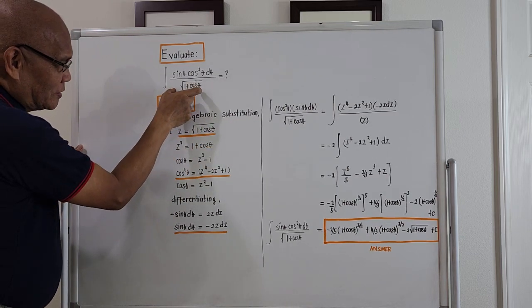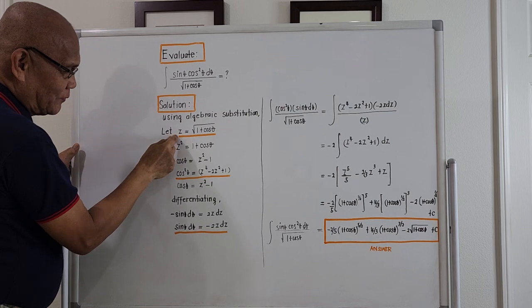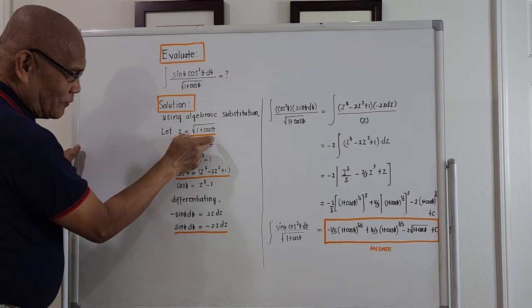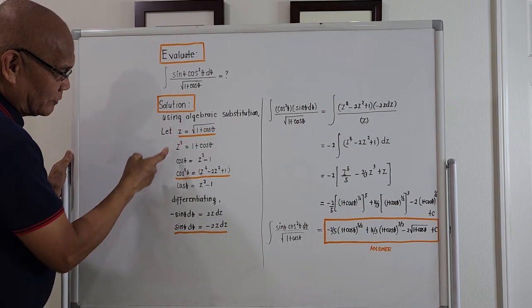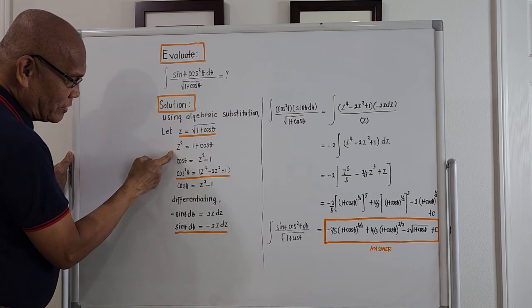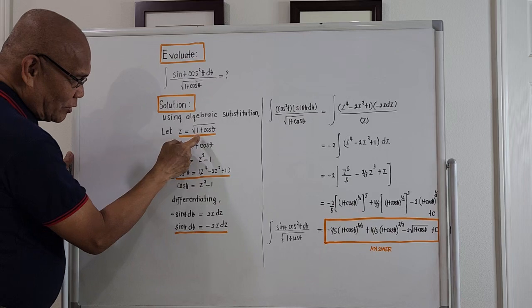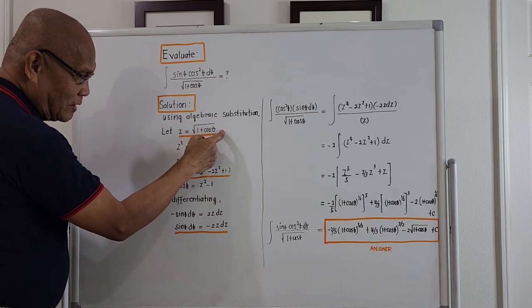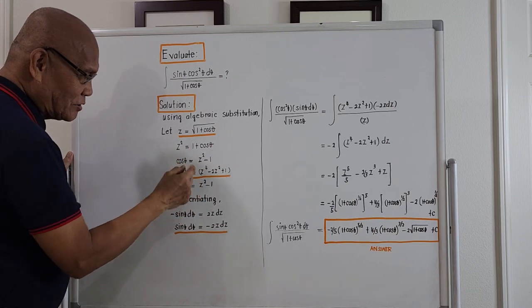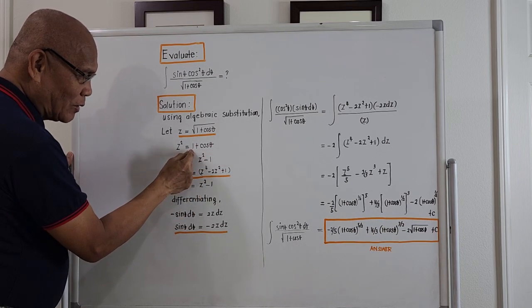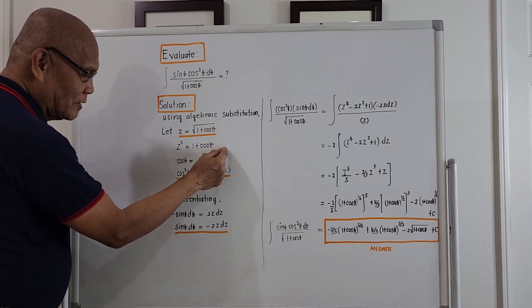So if I let this square root be equal to z, then squaring both sides, the square of z will be z squared, and the square of the square root of 1 plus cosine of theta, the radical will disappear, so it will simply be 1 plus cosine of theta.